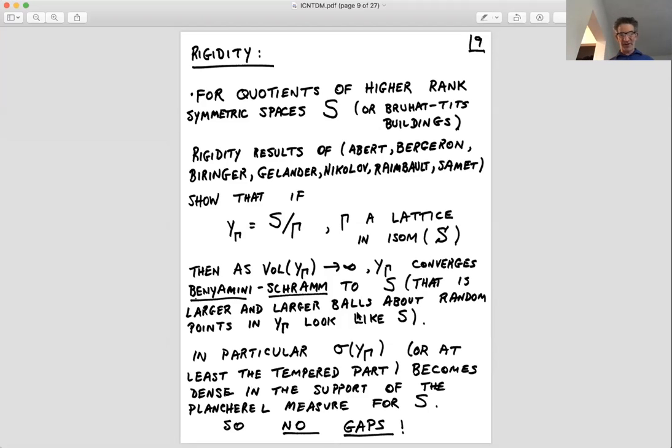In the case of graphs, it would mean these 3-regular graphs want to converge to the universal cover, which is the 3-regular tree, in this Benjamini-Schramm sense. Now, what the Benjamini-Schramm convergence means is that they're converging not at every point. So it's not true that every point looks locally like the universal cover, but a random point looks like the universal cover.